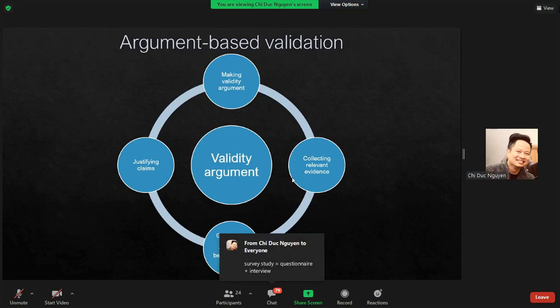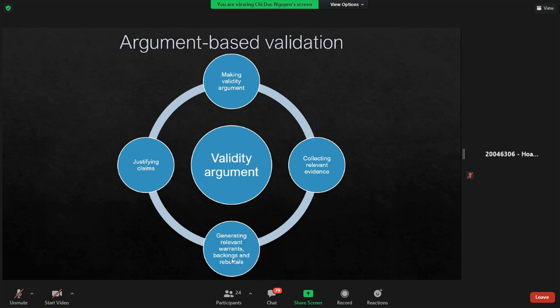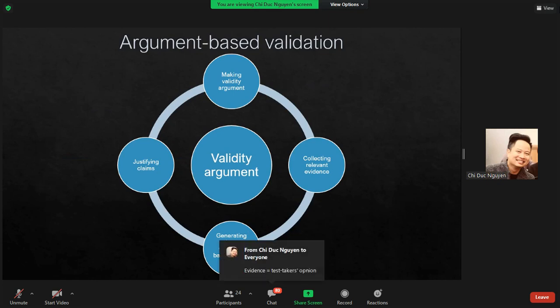Okay, and what kind of warrants do we need to make, and how can we justify them? I think we have to identify whether what the test takers shared is true or not. Very good. How can we do that?